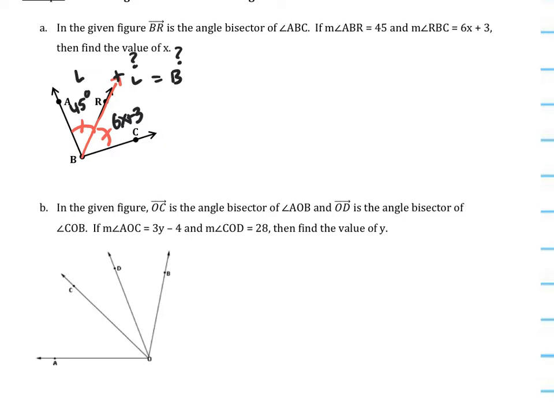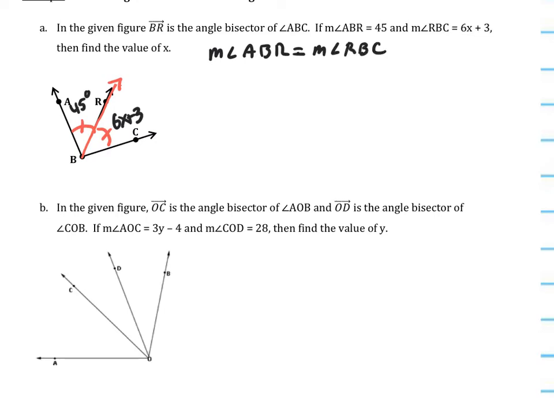So we're not going to want to use the angle addition postulate for this problem. Instead, we're going to use the fact that these two angles are congruent, which means their measurements are equal. So the measurement of angle ABR is equal to the measurement of angle RBC.